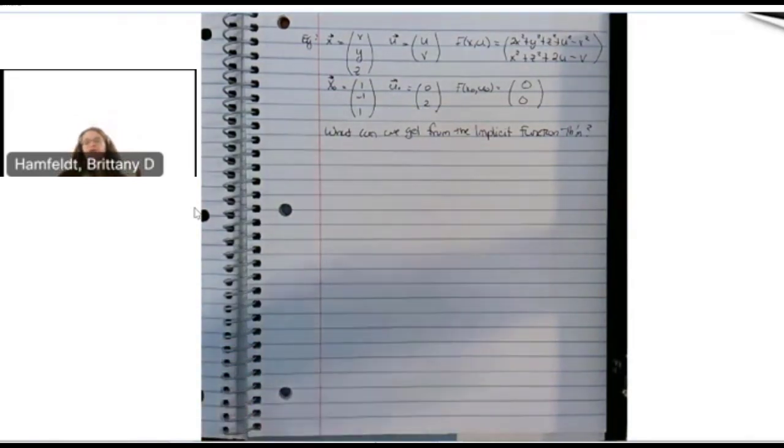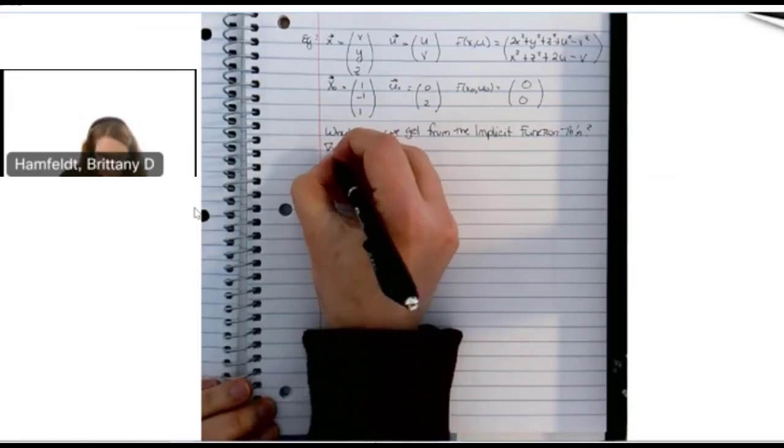Well, this is the warning: you always need to check that the theorem you want to use actually applies. Do the hypotheses hold? So what do we need? We need to know that f is continuously differentiable and that the u-Jacobian is non-singular. We can work out all the different parts of the Jacobian.